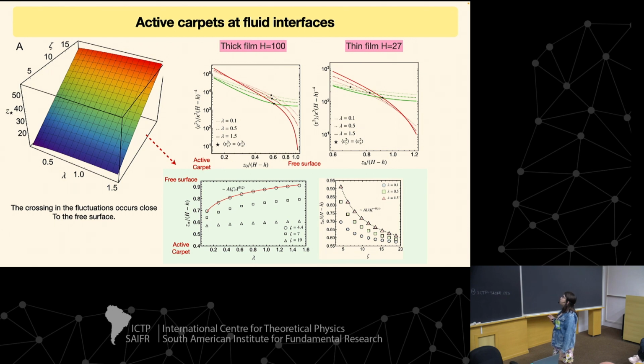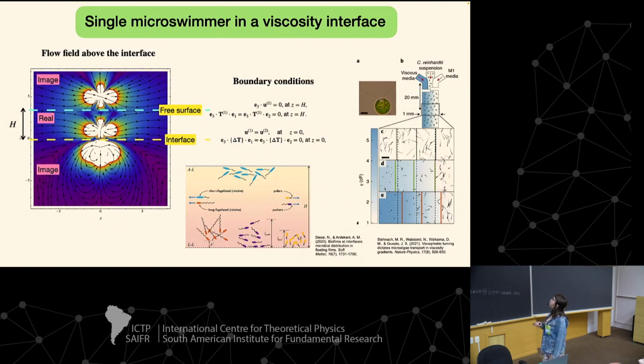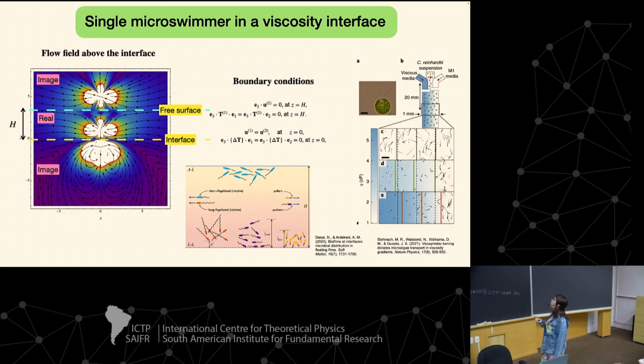And we found that this crossing in the fluctuations depends on the lambda parameter, the viscosity ratio, and also on the film height, this parameter H. We can consider a thin film, when the free surface is very close to the active carpet, or a normal film, when the free surface is farther from the active carpet.